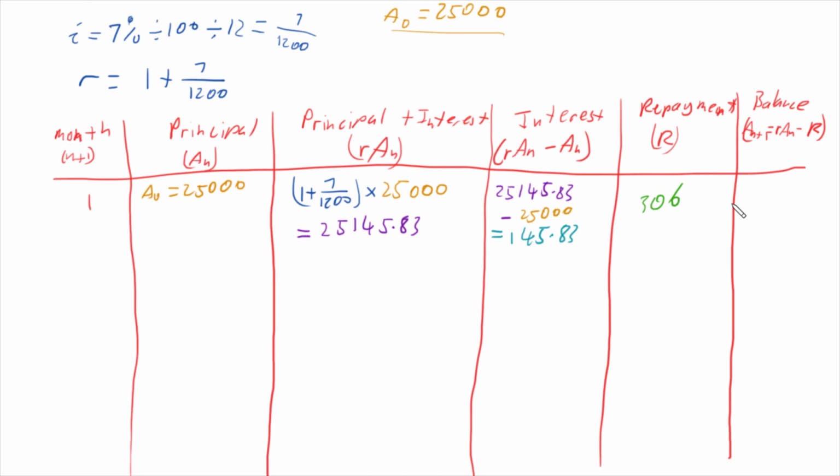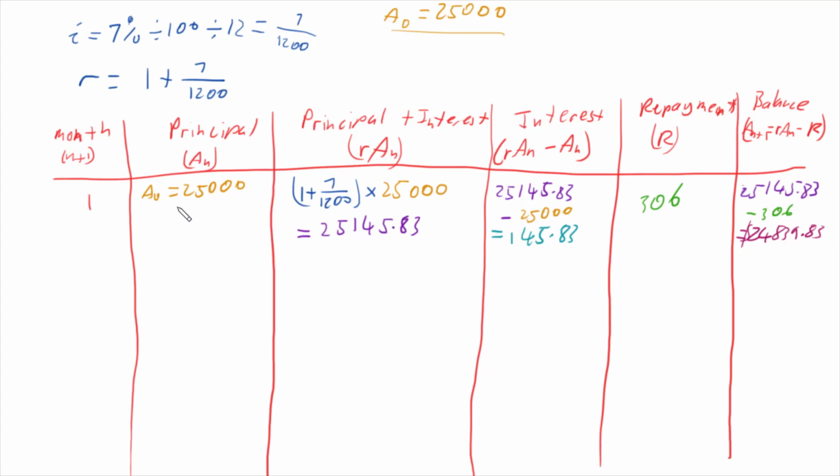And then lastly, we're going to have our balance, which is going to be our principal plus interest we calculated over here, 25,145.83, minus our repayment, 306. And so that's going to give us our balance for the end of this month of $24,839.83.